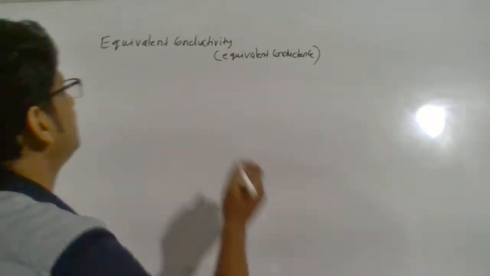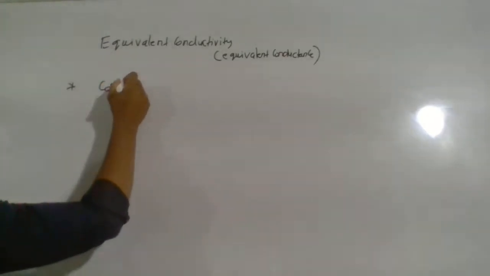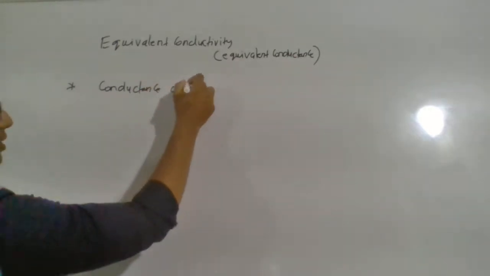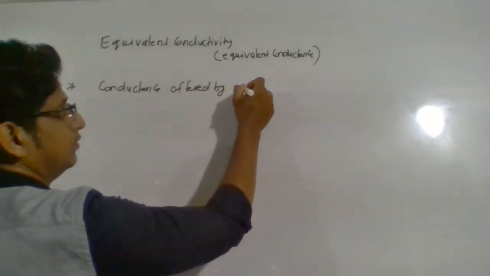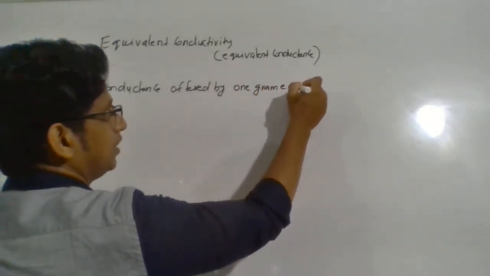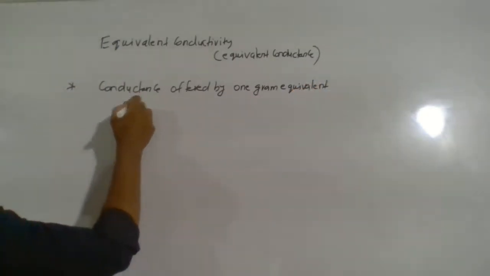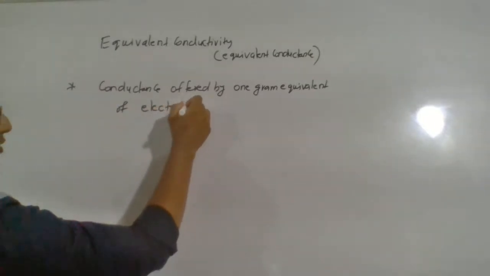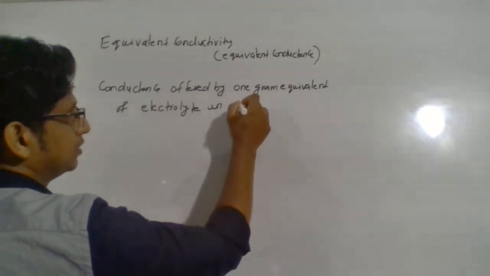So let us define what is equivalent conductance. It is the conductance offered by 1 gram equivalent of an electrolyte in solution.